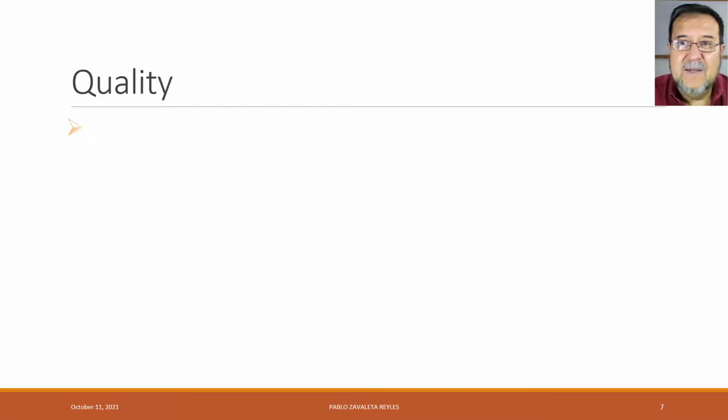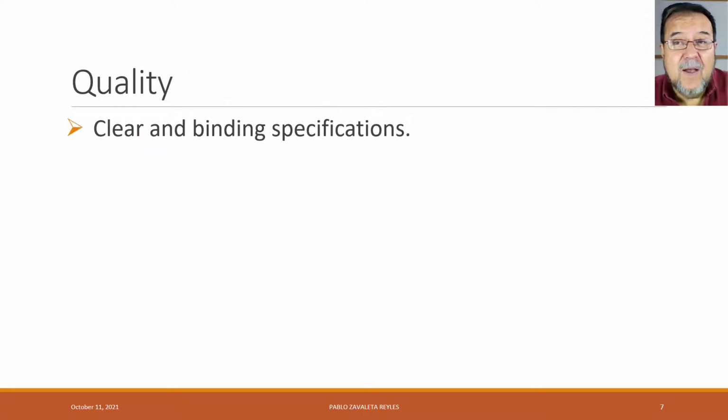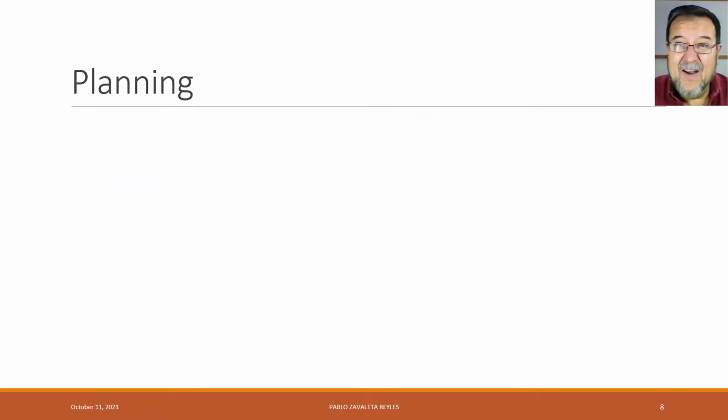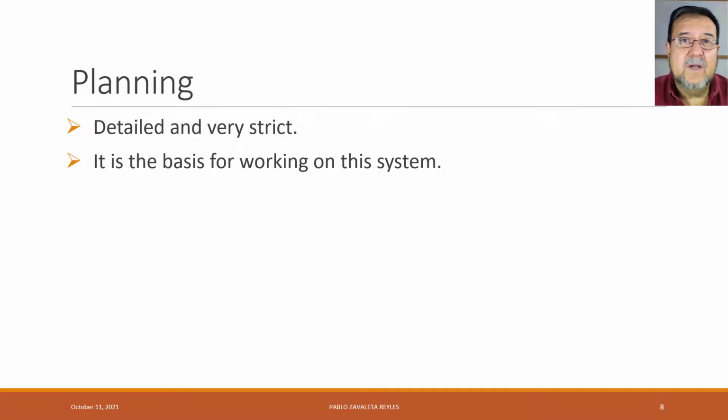That is to say, quality are clear and binding specifications. We collaborate with suppliers to meet quality. Planning is very detailed and very strict. It is the basis for working in this system.